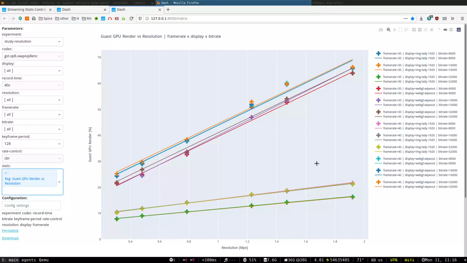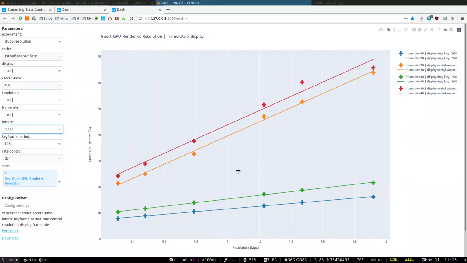So again, we see that for the still image, the bitrate has almost no effect. In fact, it's the same also for the keyframe period. So we can set it. And the frame rate and the display have a more significant impact.